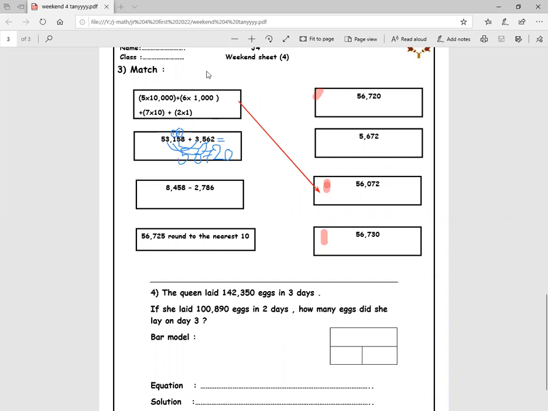So which of these is the right answer? 56,720. This one.